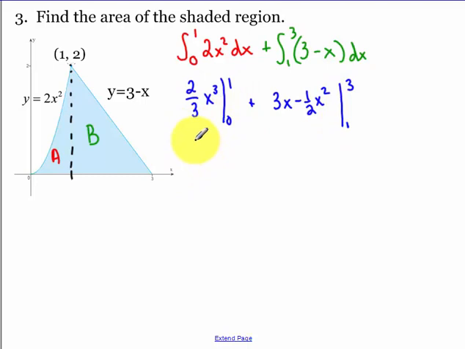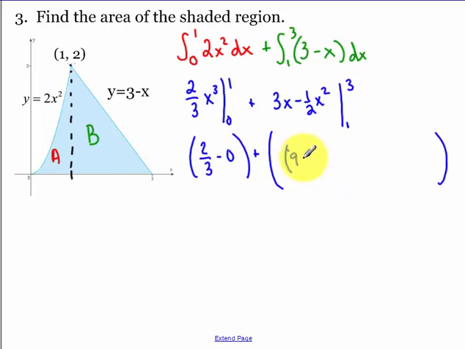I plug in 1, I get 2/3. Plug in 0, we get 0. Now I'm going to kind of do a little bit of math here so that I don't make mistakes. So I plug in 3, I get 9. I wanted to put that in parentheses. That was the math I was talking about.